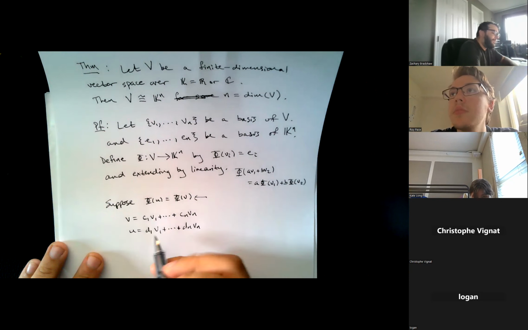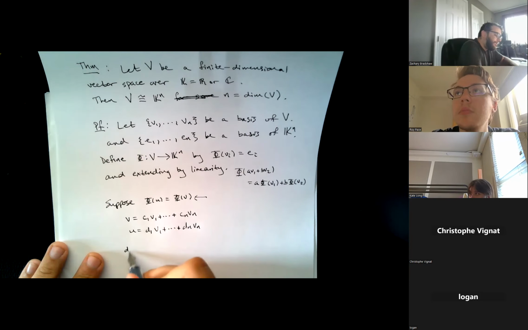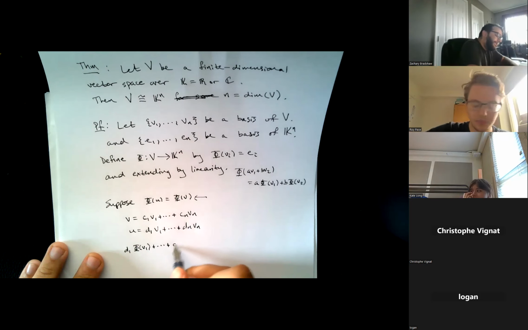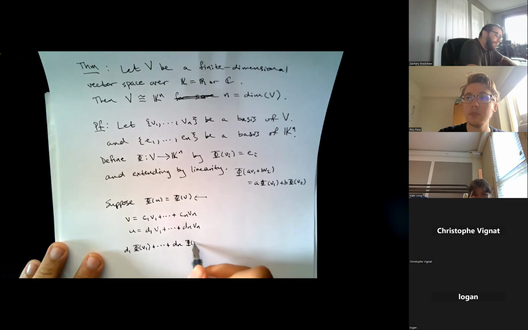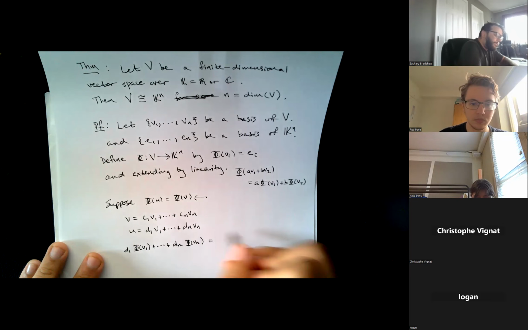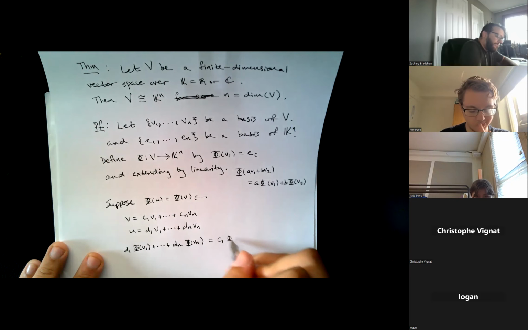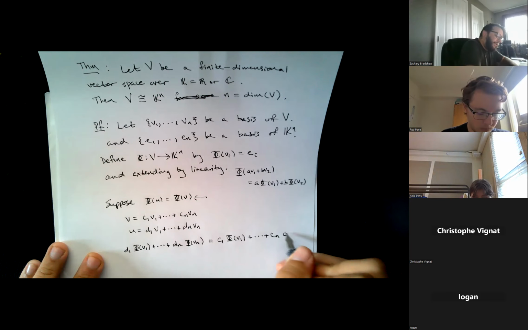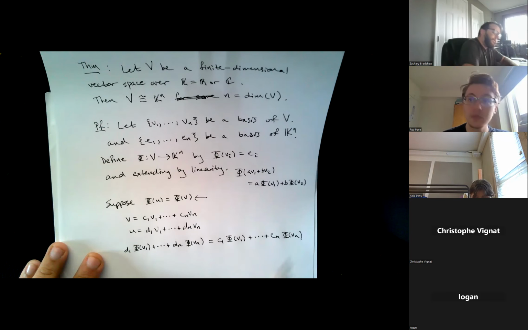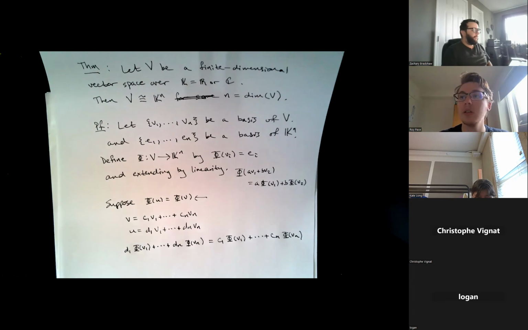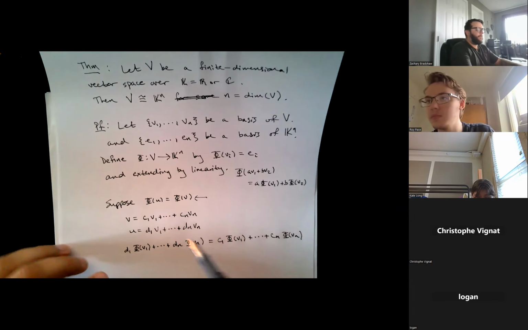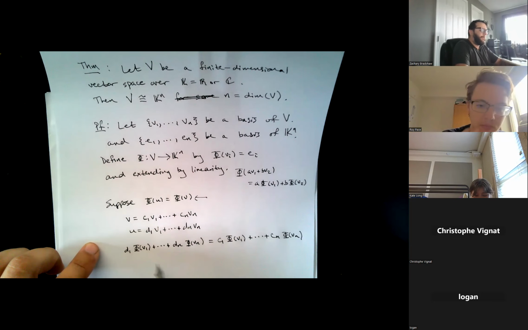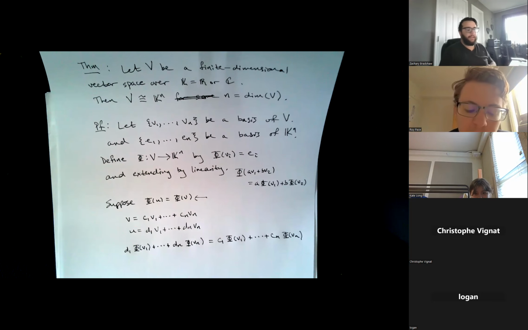So phi of u equals phi of v is the same thing as saying d1 phi of v1 through dn phi of vn is equal to c1 phi of v1 through cn phi of vn. So you just apply phi to v, apply phi to u, use the linearity property, and you get this immediately.